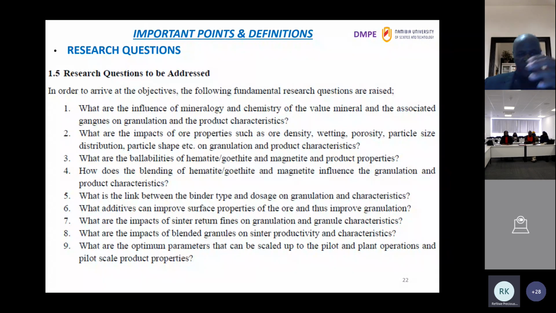Now, the research questions, if you go back to the research objectives, which were 4, I could split each objective into 2 research questions, and that's what has been done on this sheet. So if you have this list of research questions, they go directly hand in hand with the objectives.